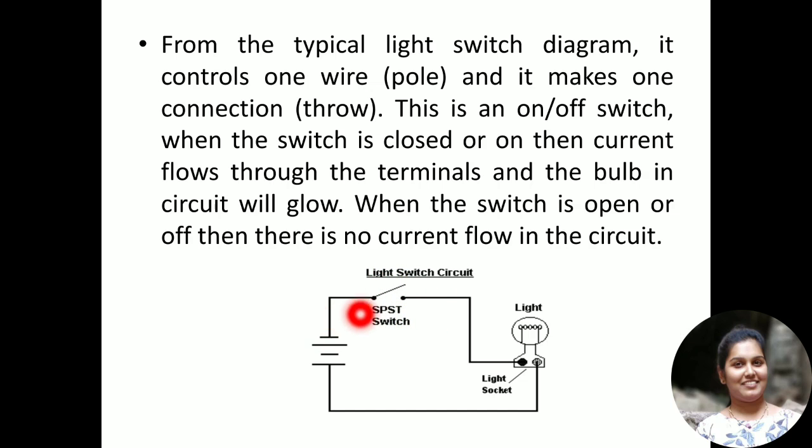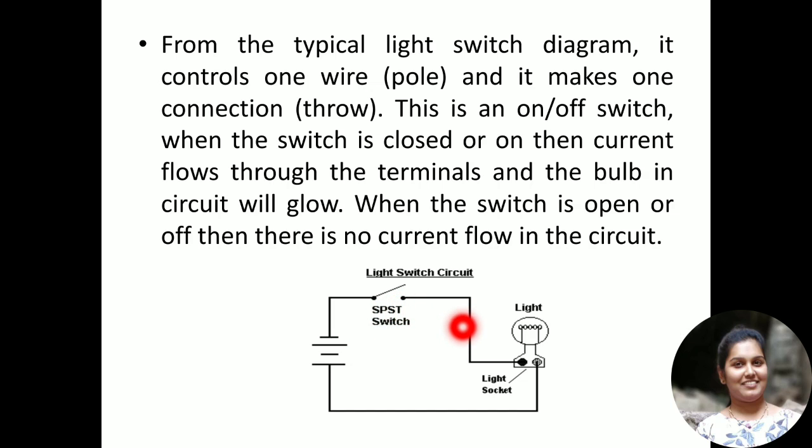Here we have a power supply, and to that power supply we are connecting a switch, and to the other end of the switch there is a load. Here the load is a light. When we push the wiper of the switch downwards, or the throw of the switch is thrown onto the pole of the switch, the light will be on, or the light will be glowing as the current will be flowing in the circuit.